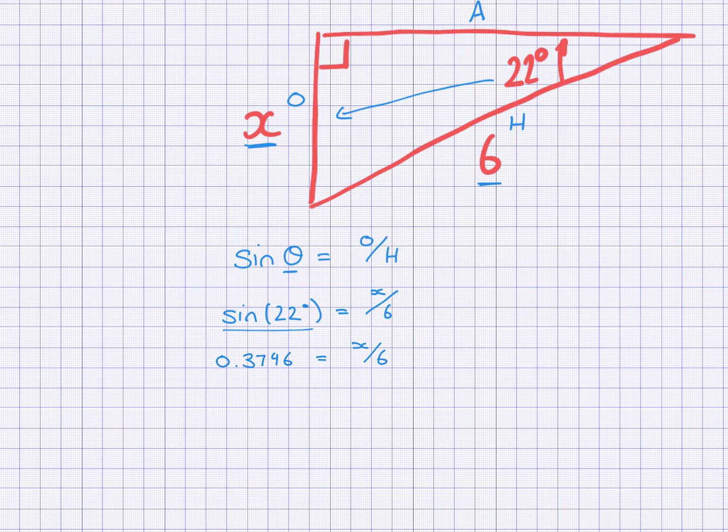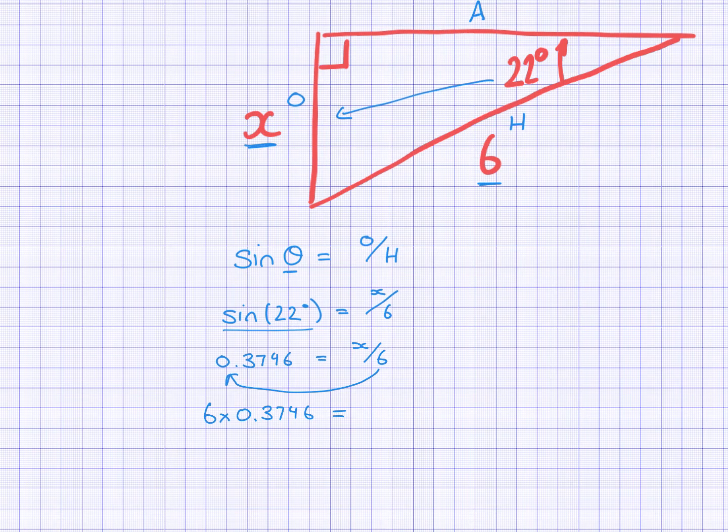We know to think to ourselves that when a number is divided by 6 and the answer is 0.3, then that should mean that we need to multiply the 6 by the 0.3, so 6 times 0.3746. And we do that in our calculators, and we will get something.